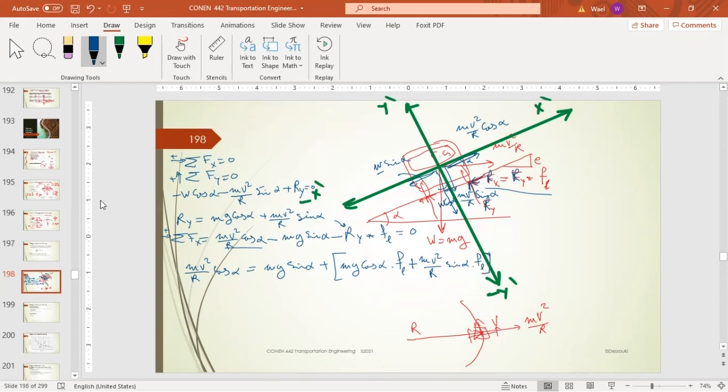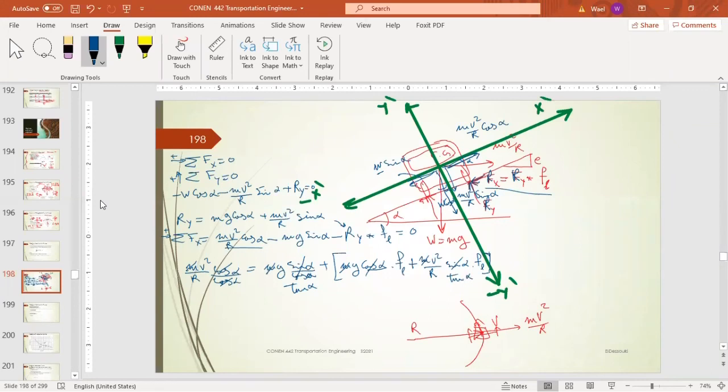If we divide both sides by m, m is eliminated. If we divide by cosine alpha, the alpha cosines are eliminated, and sine alpha divided by cosine alpha goes to tan alpha.